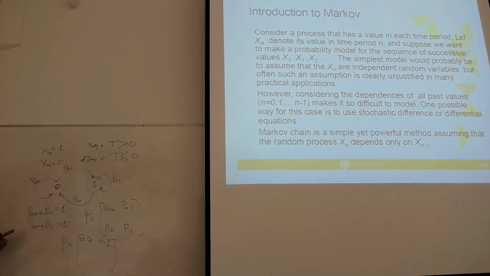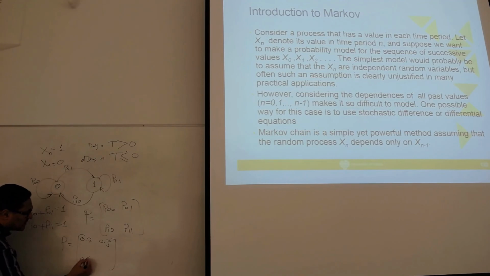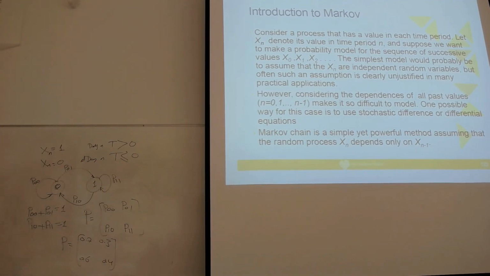Okay, and also based on your database, you found that if today is greater than 0, the probability that tomorrow is less than 0 is, let's say, 0.6. It means that this will be 0.4. Okay, what is this? This is the probability matrix, and actually this is what you learn from your data. So you have data, and your machine will build this probability.